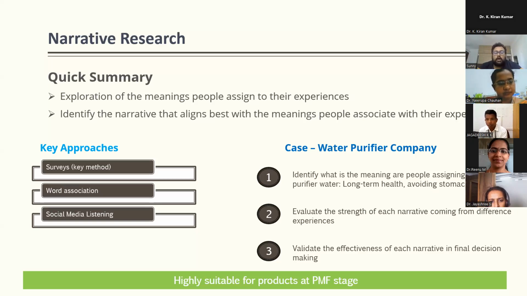So narrative research focuses on understanding what meaning people assign to their experiences. The experience of drinking coffee in a systematic way is very straightforward, but the narrative you build around how you want people to experience it is what matters.